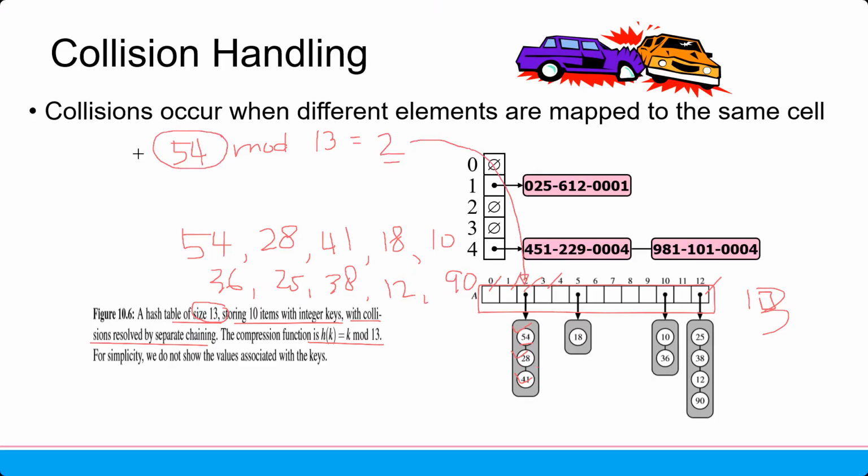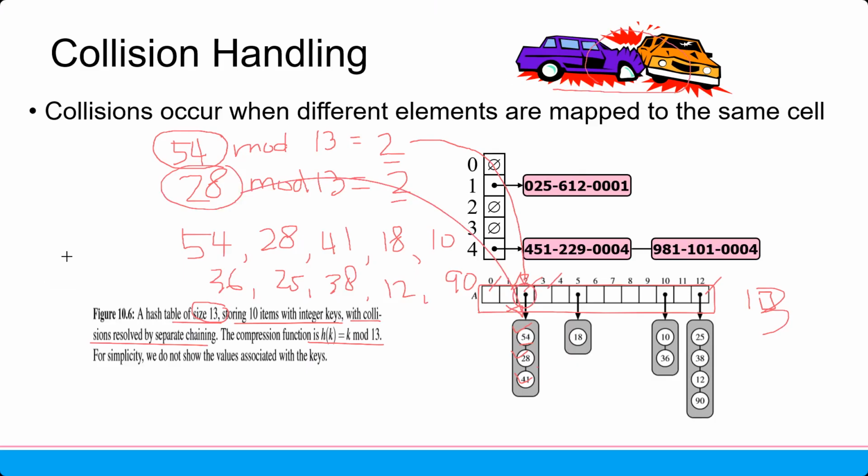What happened to 28? 28 mod 13 is also 2. So when we want to put the number 28 into index 2, because the place only has one box, it is colliding, or we call it a collision.